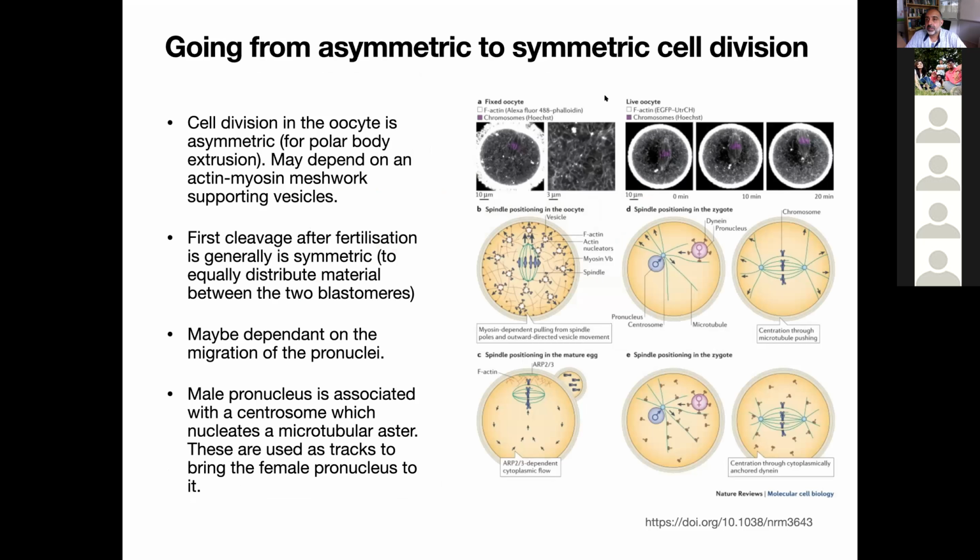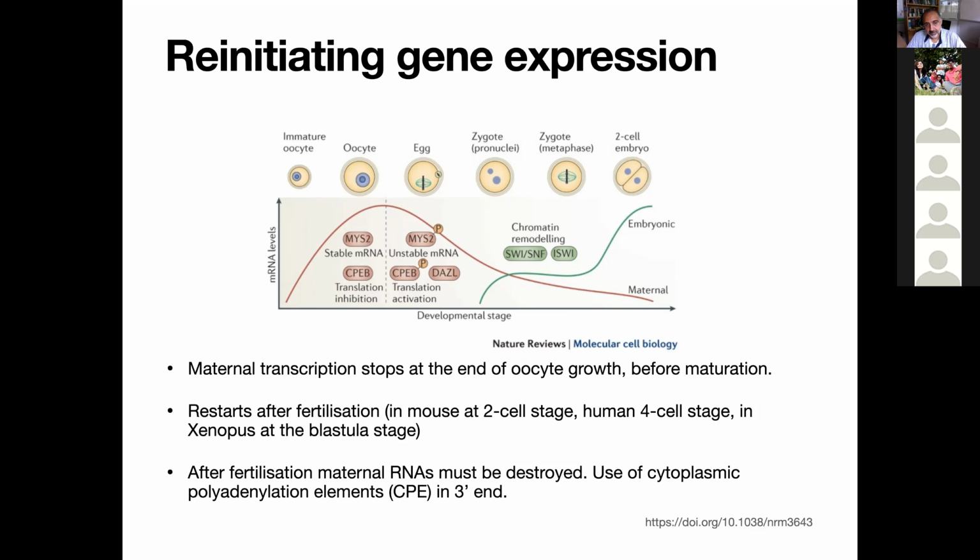So how are these maternal RNAs destroyed? And if you're talking about it in the egg stage, how are they differentiated from, for example, paternal RNAs? There's almost no paternal RNAs.